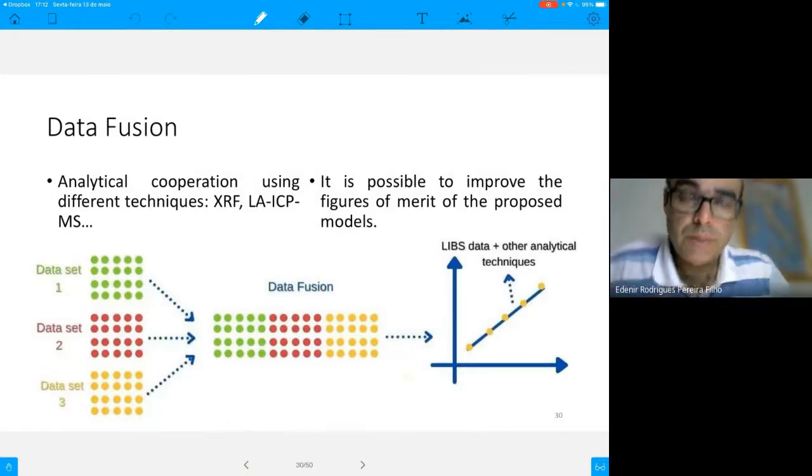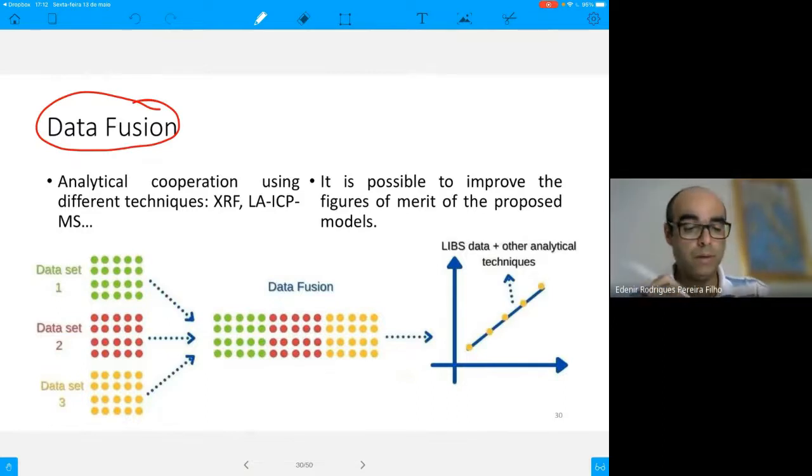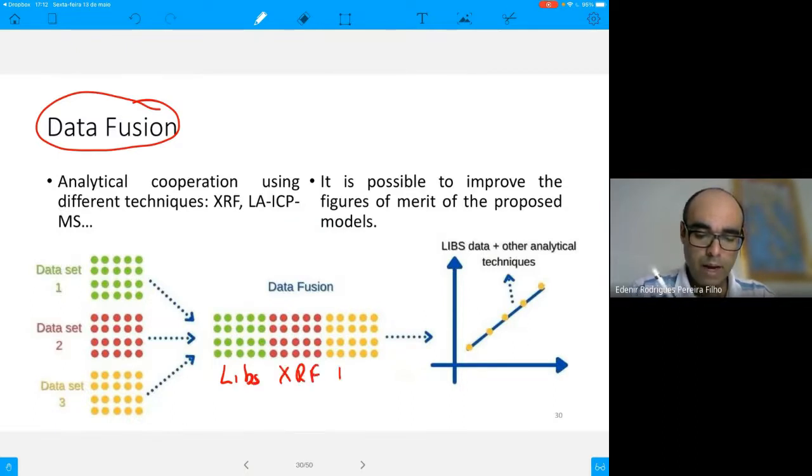Another strategy for calibration is data fusion. We can combine, for example, LIBS data with X-ray, for instance, or with ICP-MS, in order to obtain better calibration models. We apply this strategy to electronic waste, which I will present in the next slides.